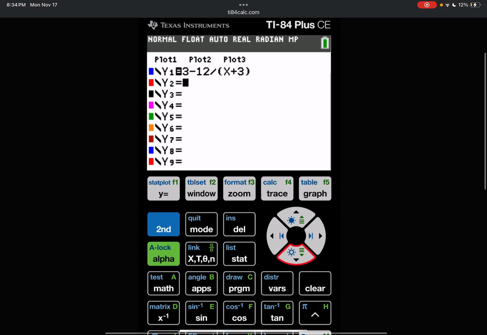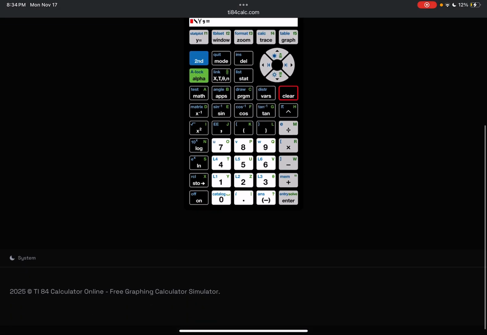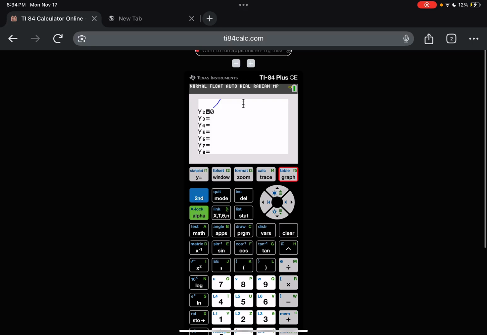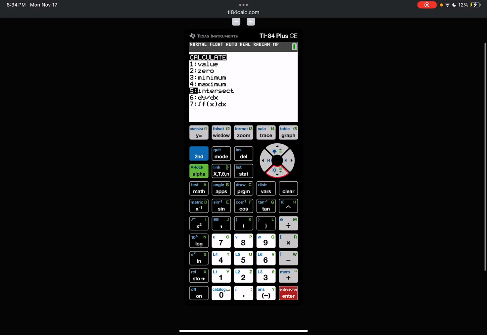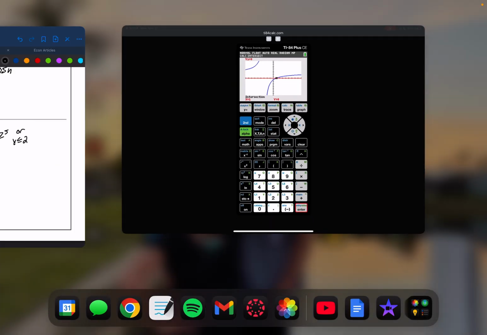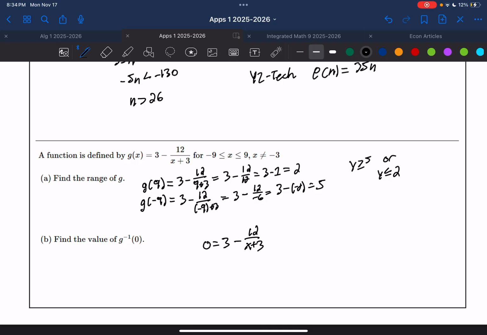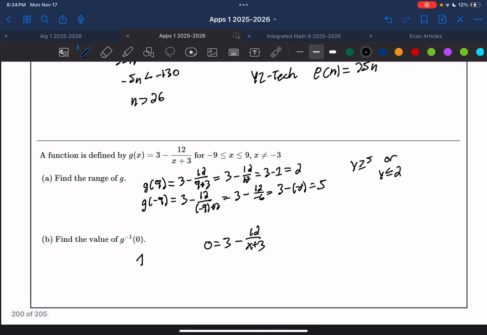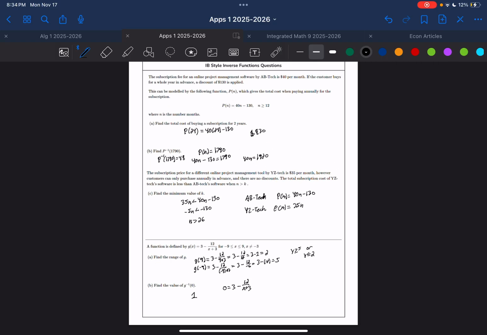If we just set y2 to be equal to 0, then we graph. Second calc, trace, intersect. First function, second function, guess. And you can see that when we input 1 into our original function, we output 0, meaning if we input 0 into our inverse function, we output 1.